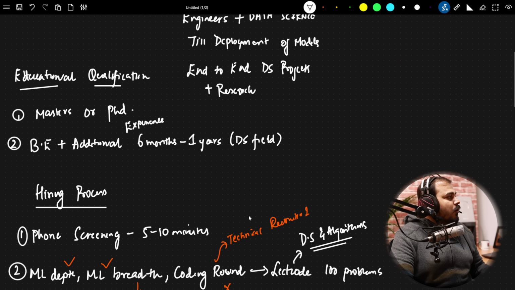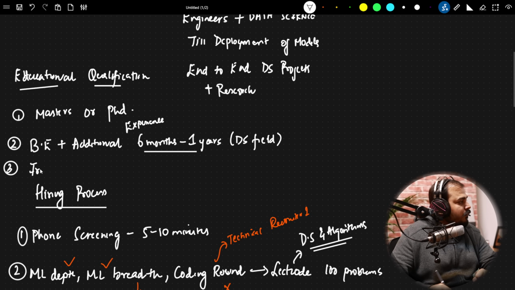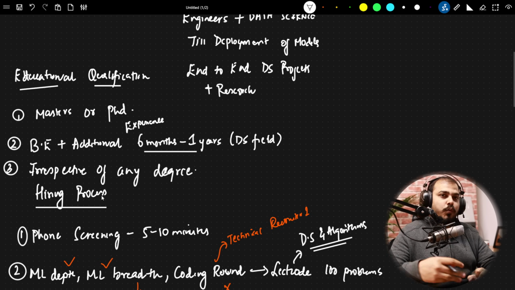Now, if I talk about the educational qualification, master's or PhD is there. An experienced candidate is suitable. Experienced candidate with at least 6 months to 1 year, irrespective of any degree. And that is what is actually required, guys. See, Amazon also works with respect to international standards, right?